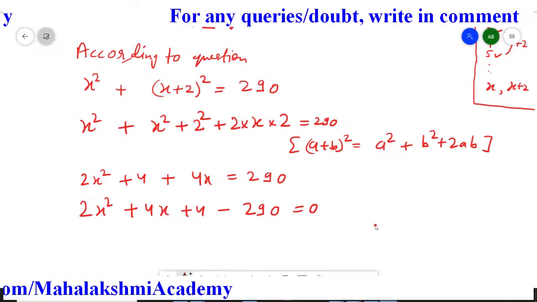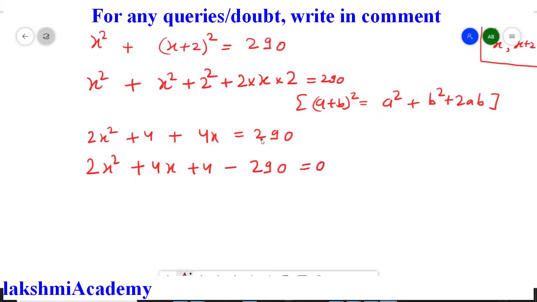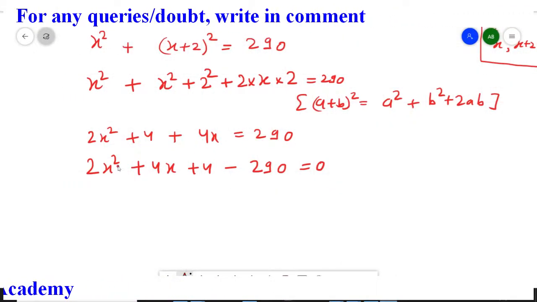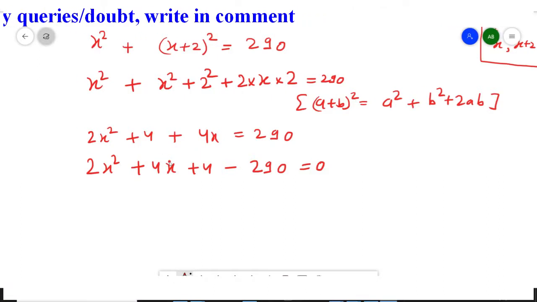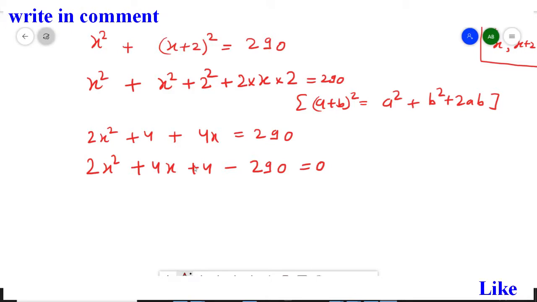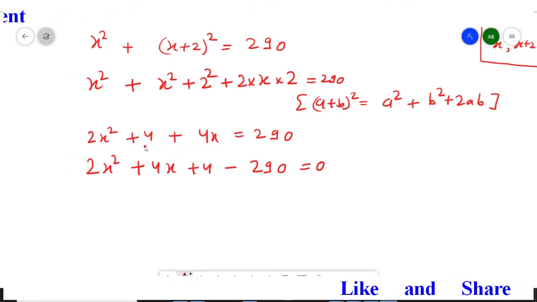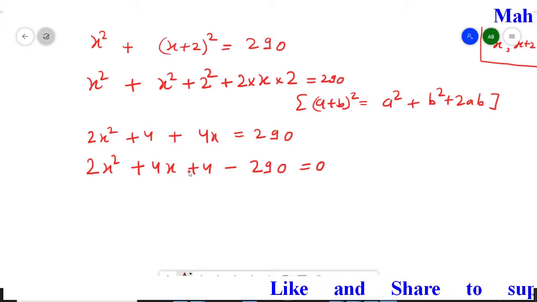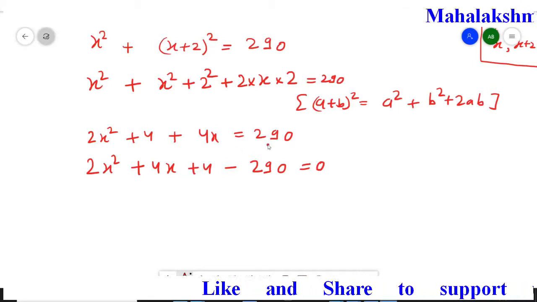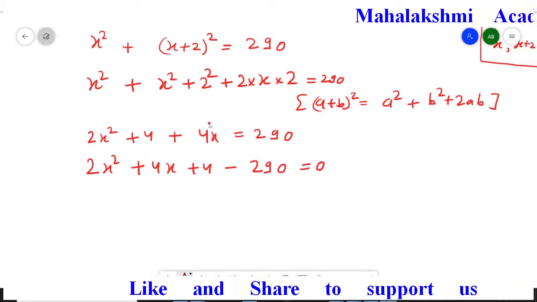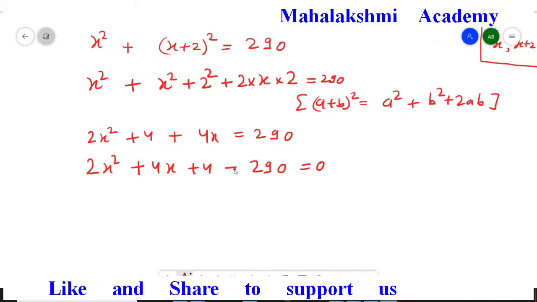What we have done is arrange them in descending order of the power of the variable. First 2x square, then I wrote 4x, and the 4 I shifted back. Here I only exchanged the place, I did not change the side, so there is no need to change the sign. Now 290 I am shifting from right to left, so the sign will change, it's going to be negative.